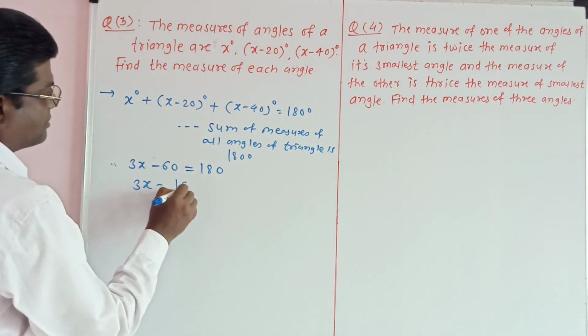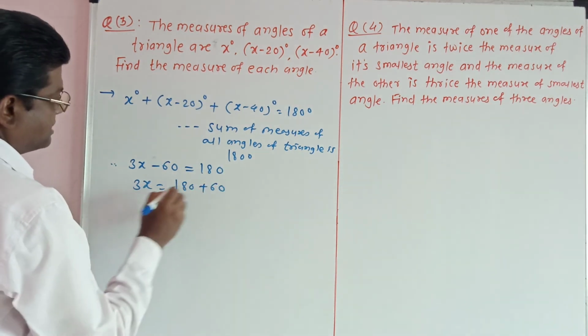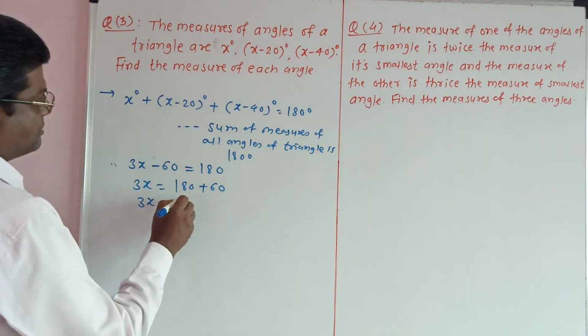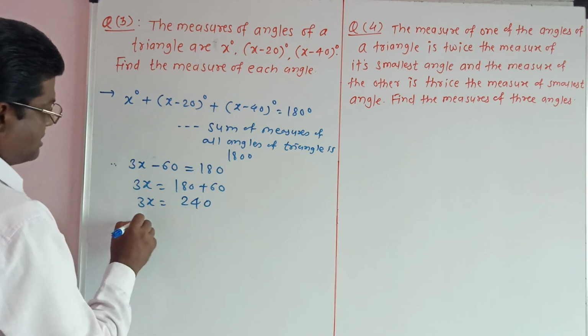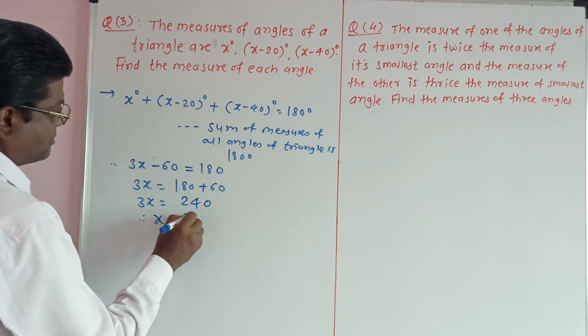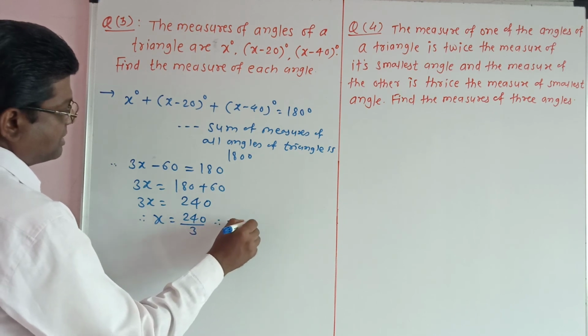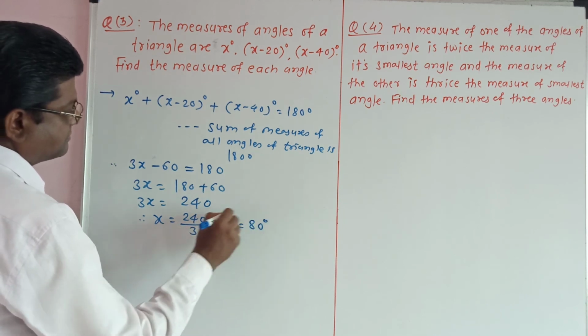Therefore, 3x is equal to 180 plus 60. Therefore, 3x is equal to 240. Therefore, x is equal to 240 upon 3. Therefore, x is equal to 80 degree.